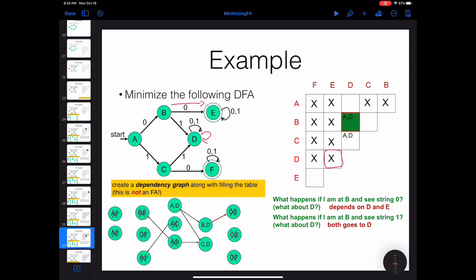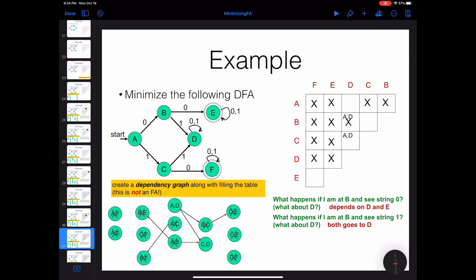I don't need to check the other transition, although the other transition is B over 1 is going to D, and D over 1 is to the same. So the other transition is good, but this transition is making B and D not equivalent. So that's it. I know that B and D are not going to be equivalent.